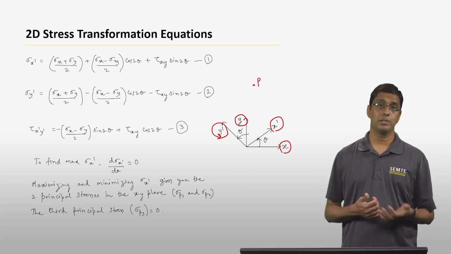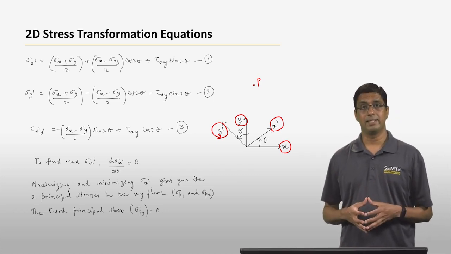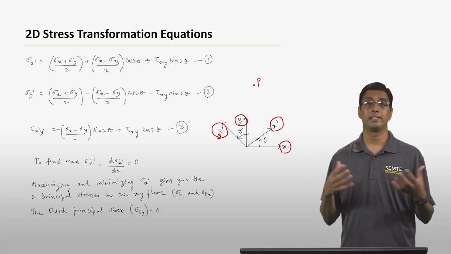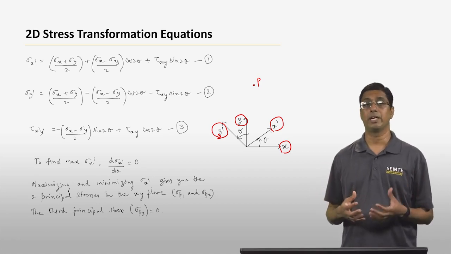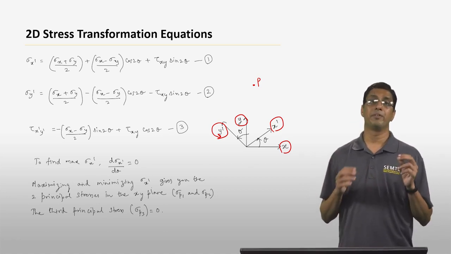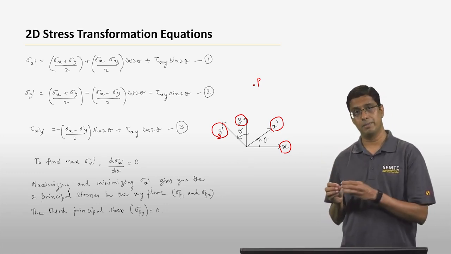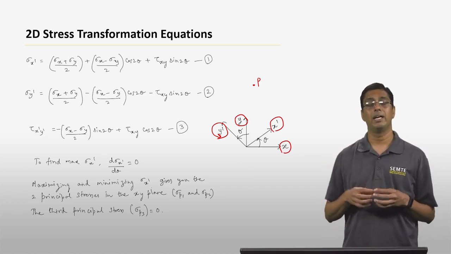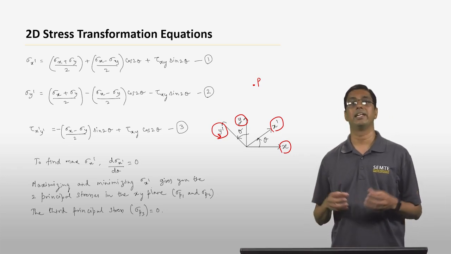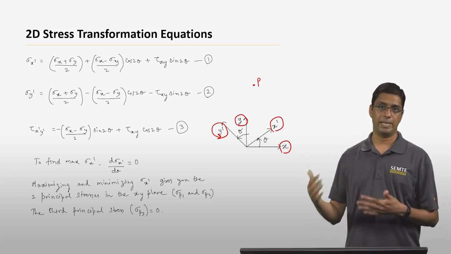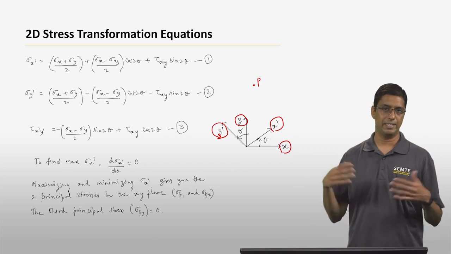Okay, we also know that if you maximize this sigma x prime, essentially we get the principal stresses. Okay, to be more precise, if you maximize or minimize sigma x prime, you get the maximum principal stress and the minimum principal stress. And the way you go about doing that is essentially take the derivative of sigma x prime with respect to theta and set it to 0.